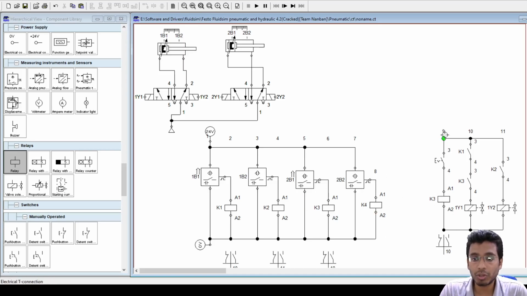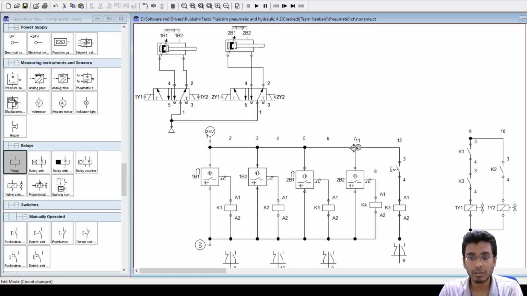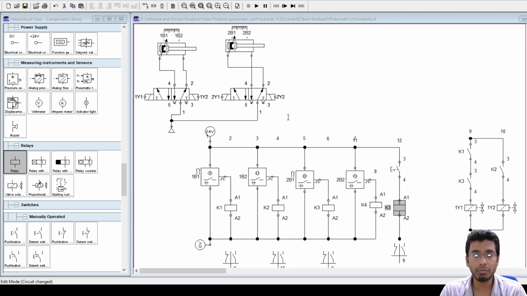Fine. So you are going to also have another circuit here. Right, and this relay will be my K5.